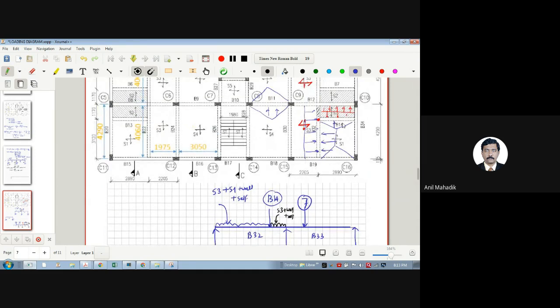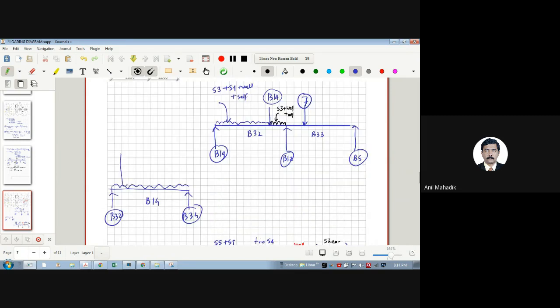B14 पे triangular load है, S1 का triangular load and S2 का one way. Then you have wall load and self weight. All loads will be there.